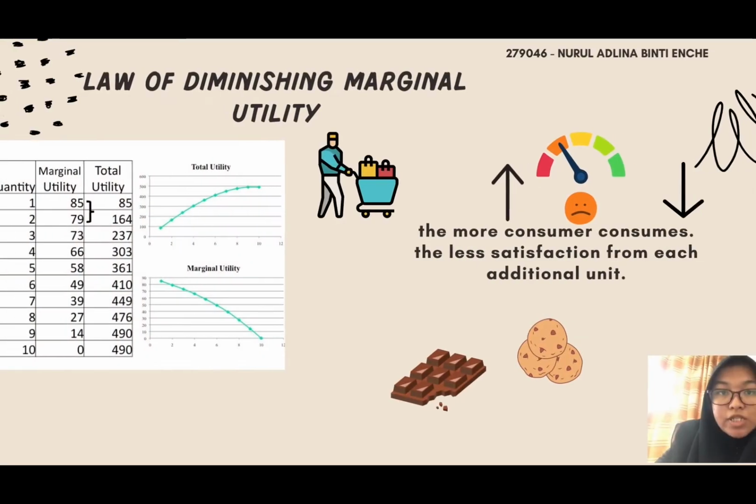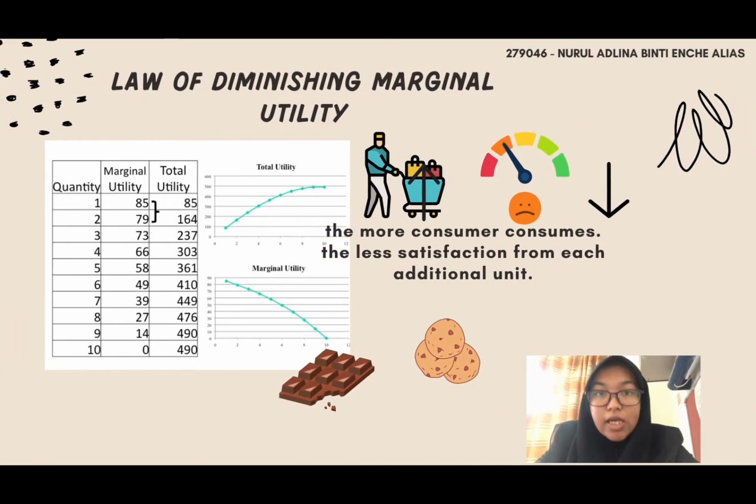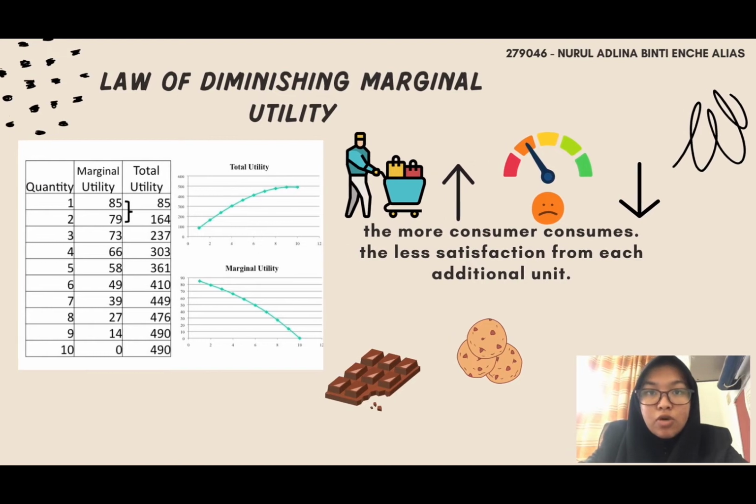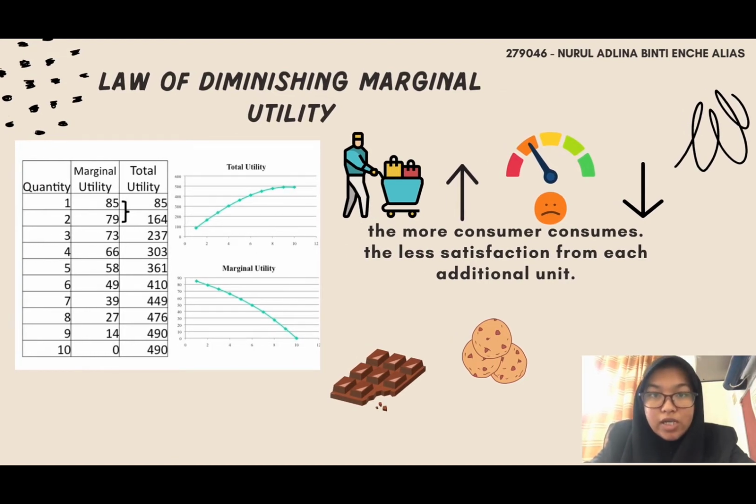The law of diminishing marginal utility explains that as the person consumes more and more of the products, the satisfaction or the utility will decrease. For example, let's say a person buys chocolates and the next day they buy more chocolate, but then they don't get more satisfaction and want to buy cookies instead.